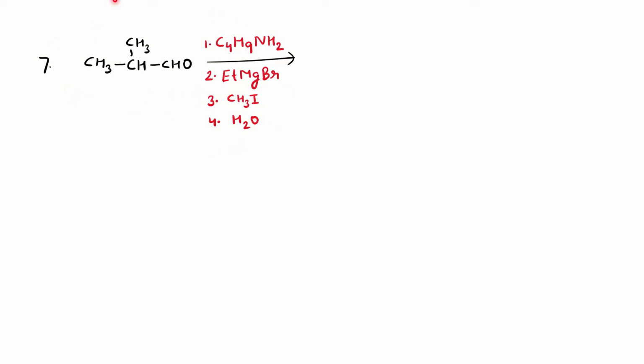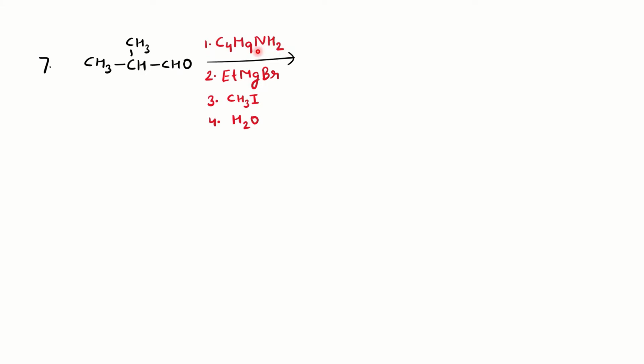Now in this one you have an aldehyde and an amine, but this amine is a primary amine. We have already learned that we need a secondary amine, but here it is a primary amine. Since two hydrogens are available, abstraction of the proton will not happen in the presence of a primary amine.